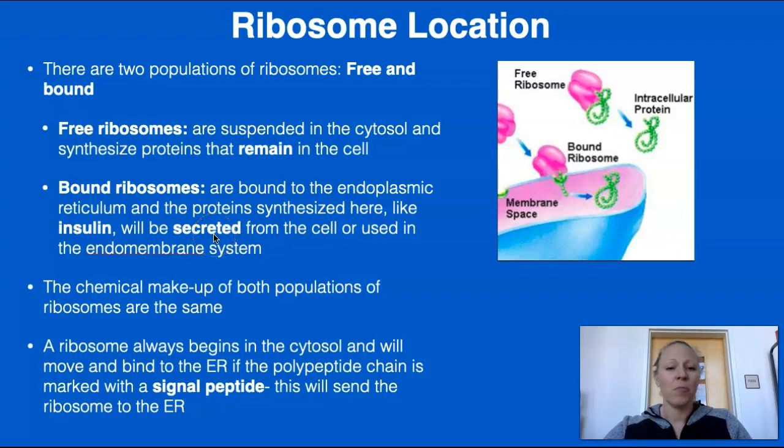And so the chemical makeup of both populations of ribosomes is the same. In fact, they are the same. A ribosome always begins in the cytosol, and only if there's a specific sequence that indicates that it needs to go to the endoplasmic reticulum will it be taken there. So a signal peptide will make sure that it gets brought over to the endoplasmic reticulum.